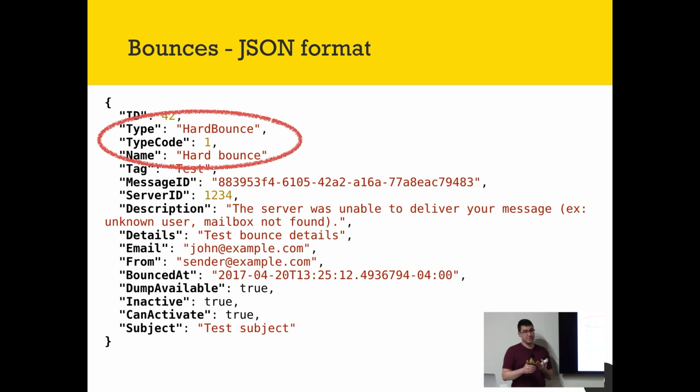A hard bounce means that it didn't get delivered. This is a permanent error. If you try it again, it's going to be the same thing. It ain't going to happen. That could be, for example, the user doesn't exist. A spam complaint is when the user has specifically clicked spam on it, and that's not good, and you probably want to know about it.